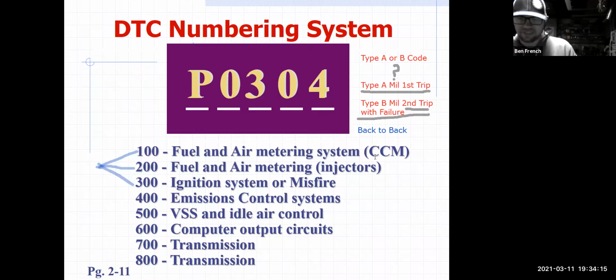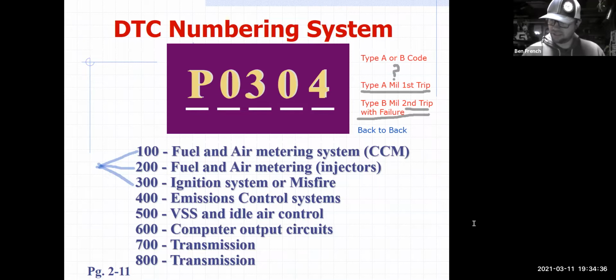So let's relate this to what we would see on our scanner. And to do that, I'm going to change my screen share yet again. I will just change it to our desktop here.